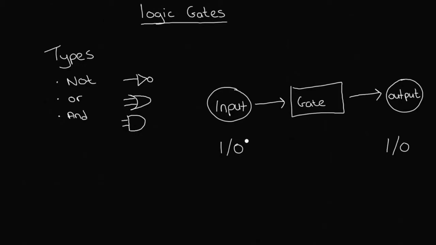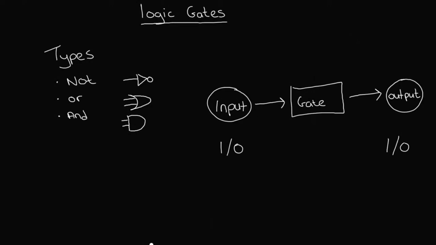Another thing you might be thinking is, why do we need this? Why do we need logic gates, or why do we need these different types of logic gates? The reason is that we usually don't use one logic gate by itself to do something, we usually use multiple logic gates.